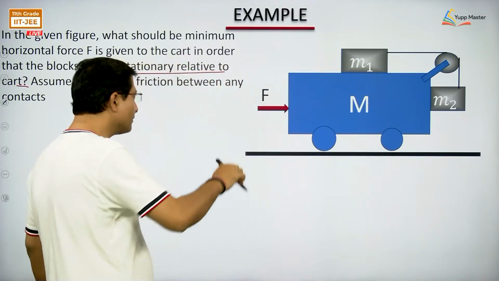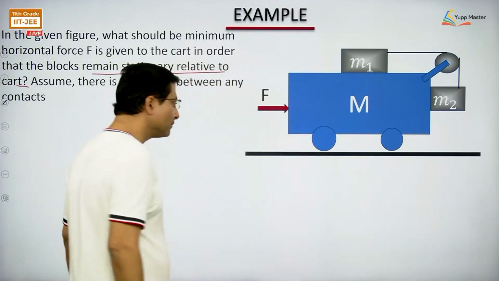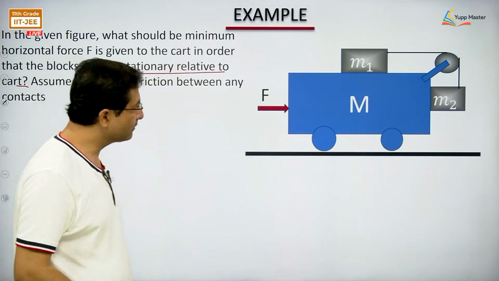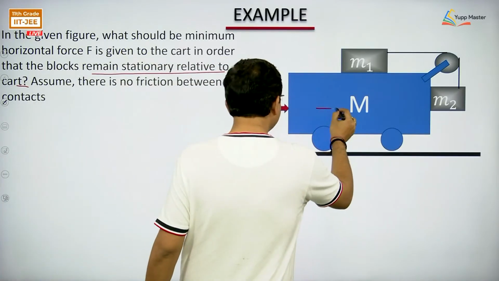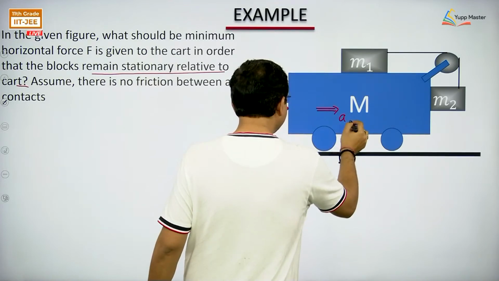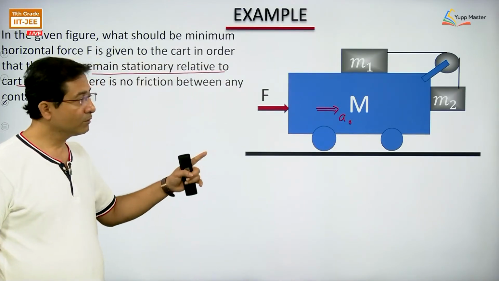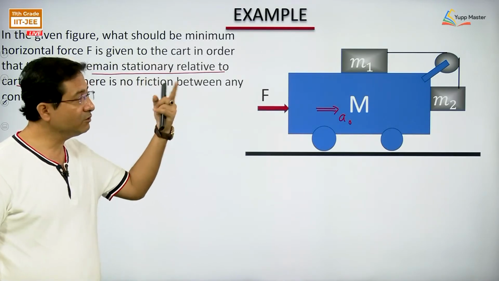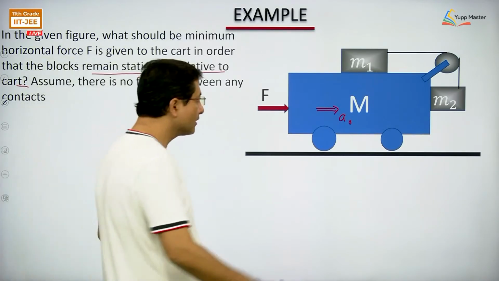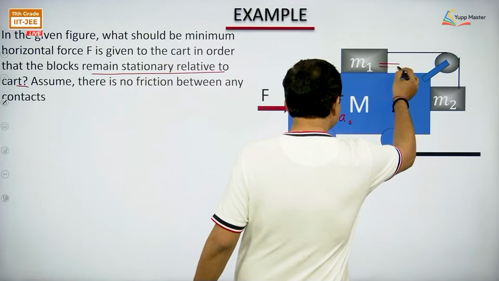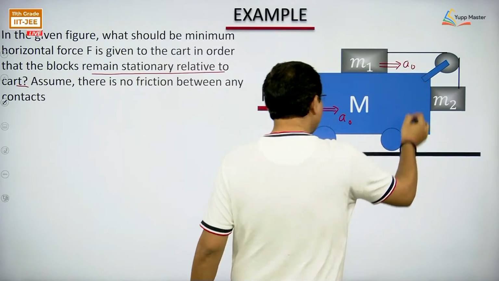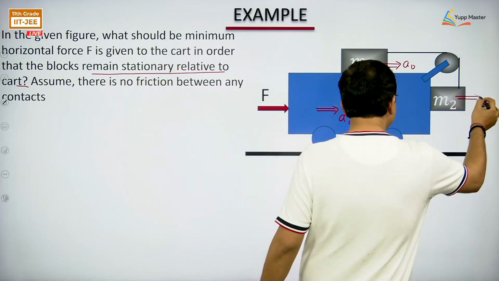As you can see, the unbalanced force on the cart will accelerate it. So if I assume that the acceleration of the cart is a naught, for there to be no relative motion, the acceleration of this one has to be a naught and the acceleration of this one has to be a naught.